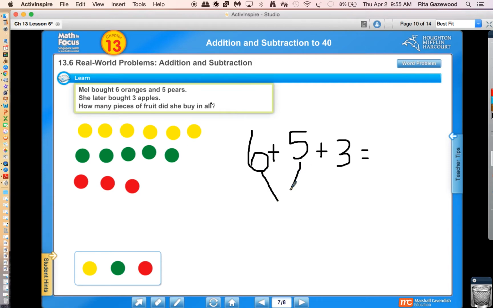That's what she bought first. 6, 7, 8, 9, 10, 11. So she bought 11 oranges and pears together. And then later she bought 3 more apples. So 11 plus 3. 11, 12, 13, 14.